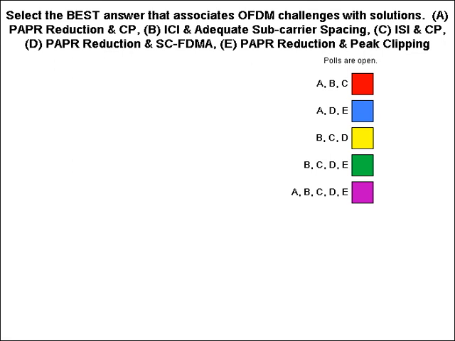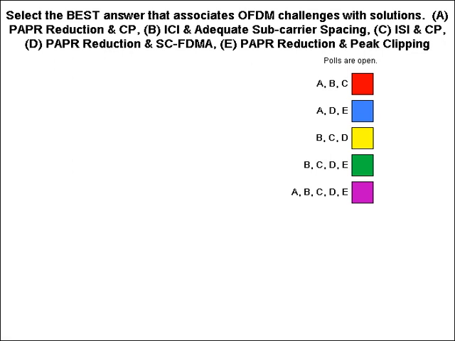Why do we have cyclic prefix? What kind of problem does it solve? Then intercarrier interference, what is the solution to that problem? Then peak to average power reduction, what are the different techniques that help us reduce peak to average power ratio? So think along those lines, and then you will come up with the correct answer.